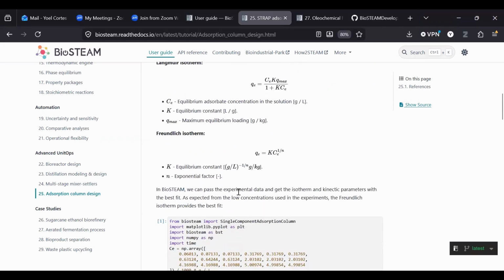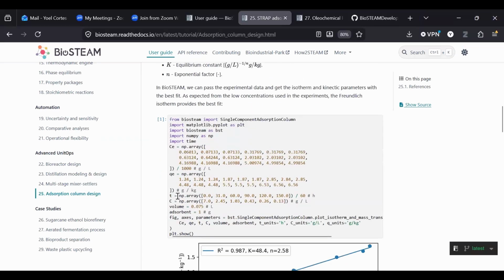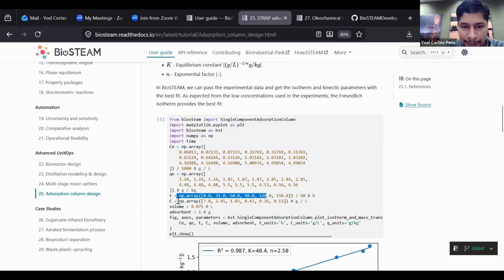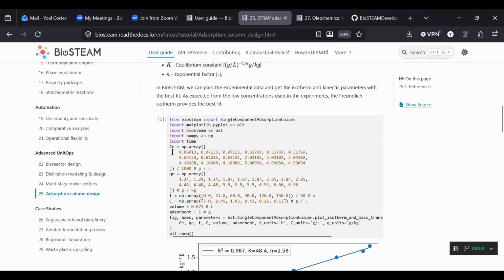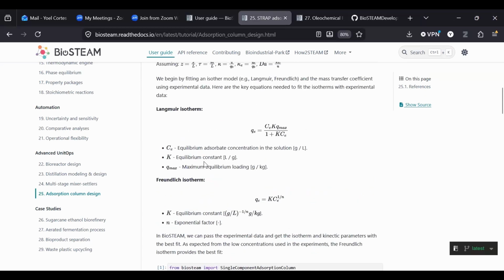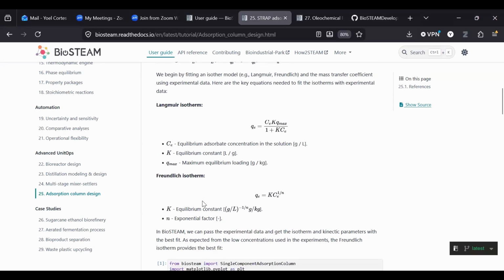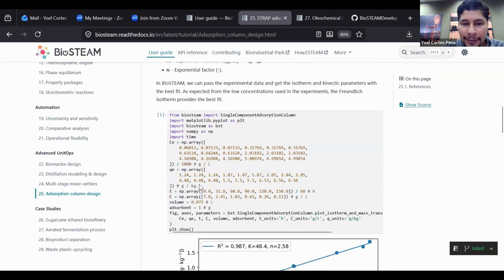So if you can get those two experiments, right here, the mass transfer coefficient, and what's the other component that you mentioned? So for your isotherm, you're going to need an equilibrium constant for your isotherm. And it might not just be one variable, it might be several, but all you need is the data.